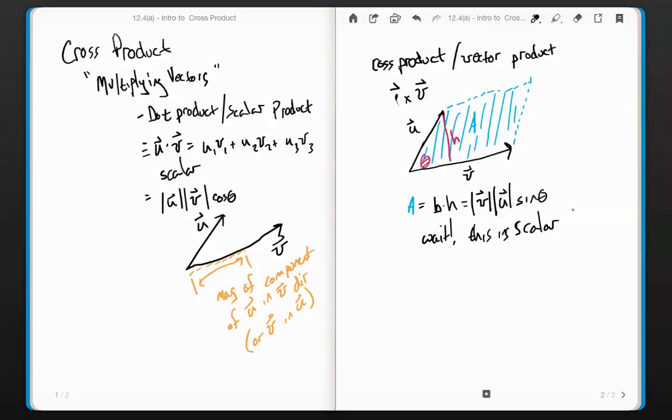So we need to add some direction to that. So we'll add in a little trick here. We'll say that u cross v equals the magnitude of u times the magnitude of v times the sine of the angle between them.